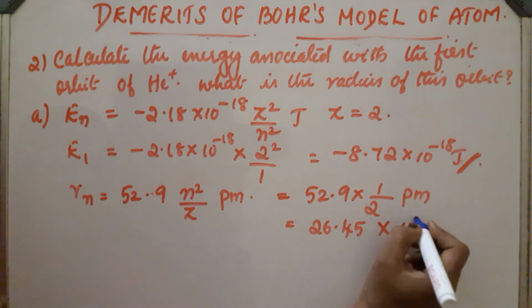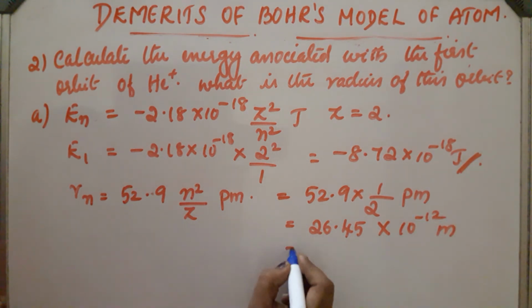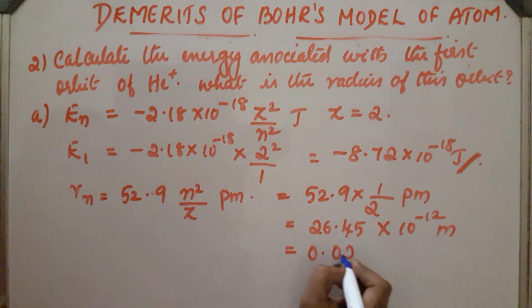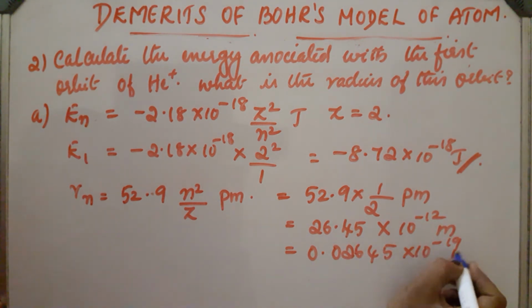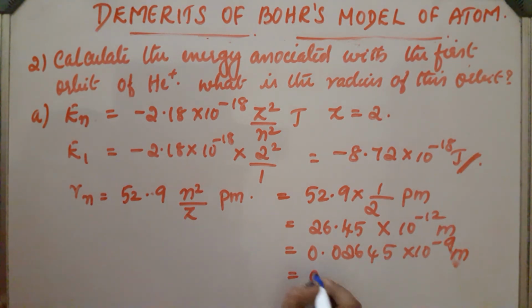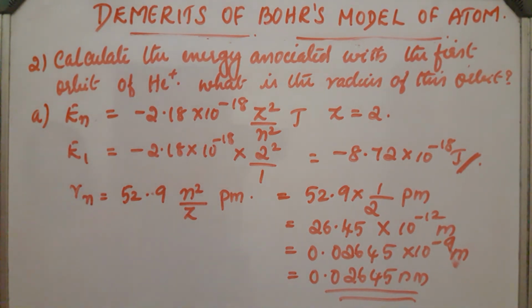Picometer is 10 raised to minus 12 meter, so this is equal to 0.02645 into 10 raised to minus 9 meter, or 0.02645 nanometer. This will be the radius. Like this we can calculate the energy and the radius.